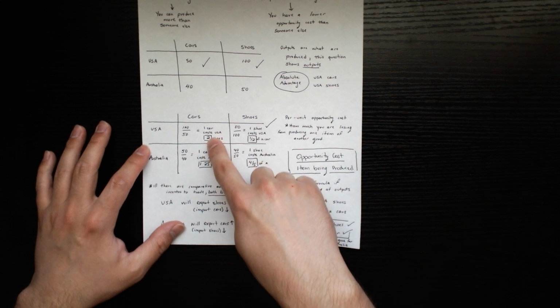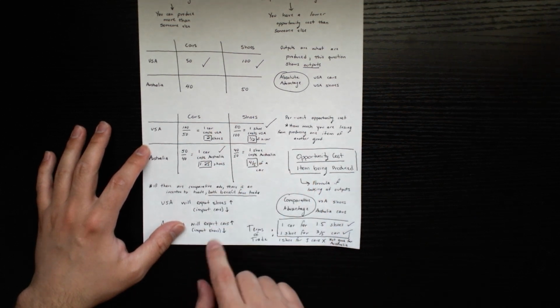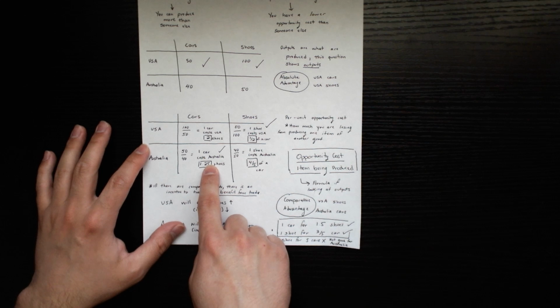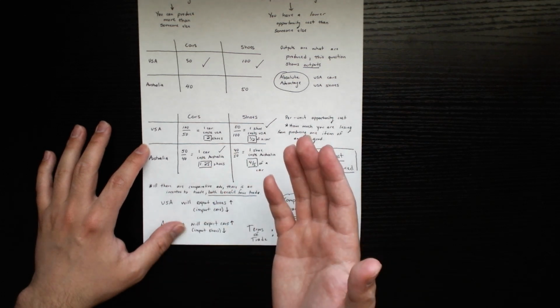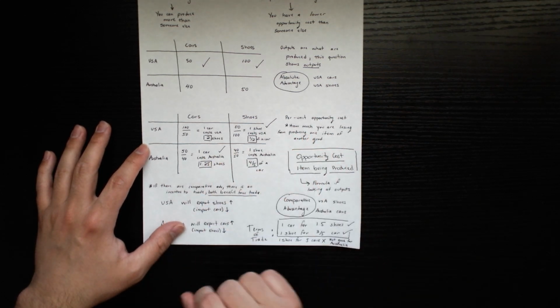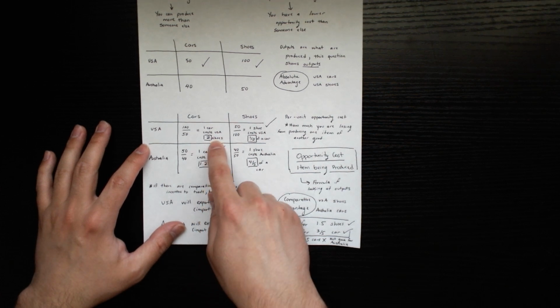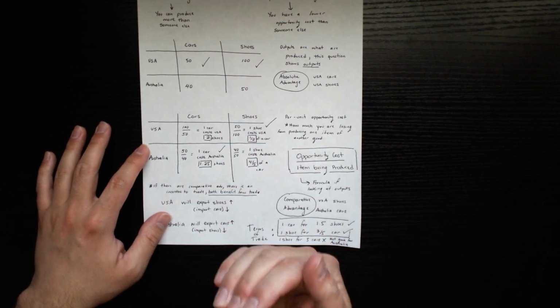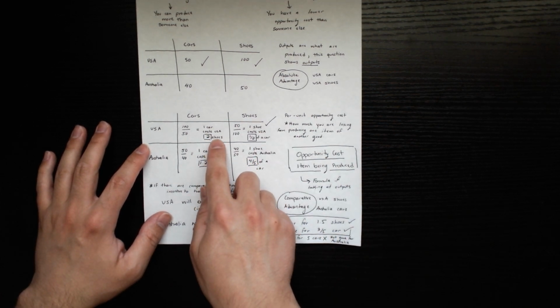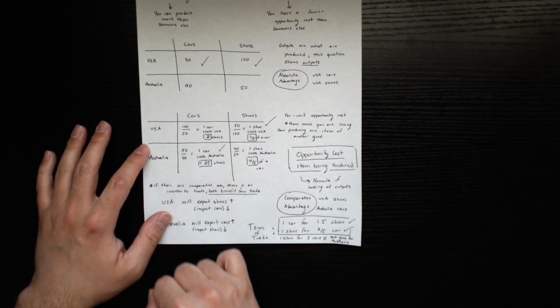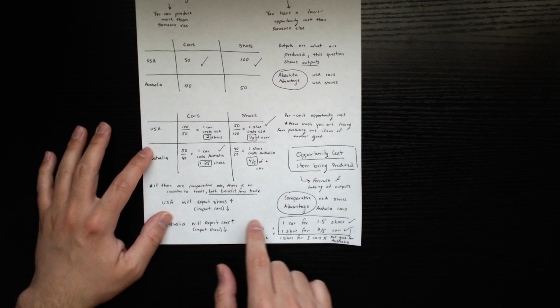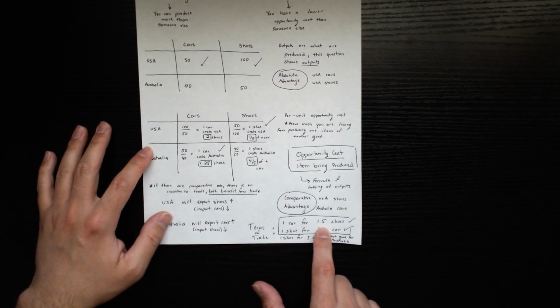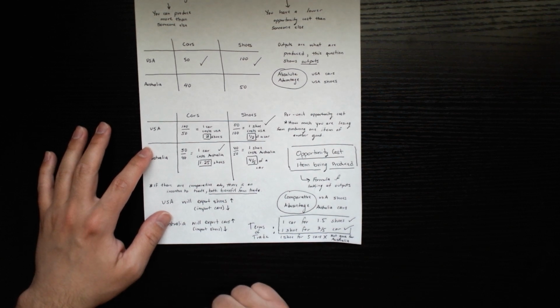So that's going to benefit both countries. If Australia got more than 1.25, they would be happy with that. So that number's in between there, so they're good. And if the US gets a number less than two shoes, they're also happy with that because they're importing it. They want as low a cost as possible. So since we're picking a number in between both of them, it benefits both of those nations. So one car for 1.5 shoes would benefit both of them.